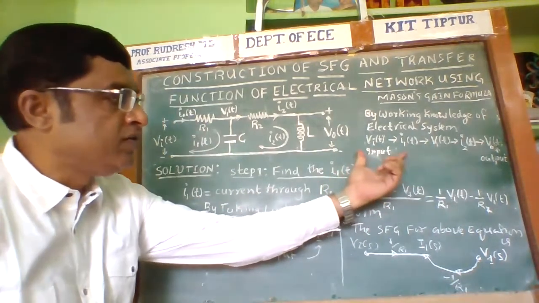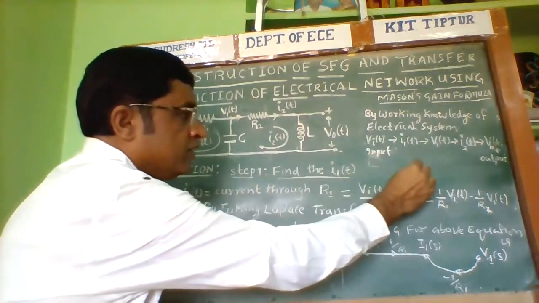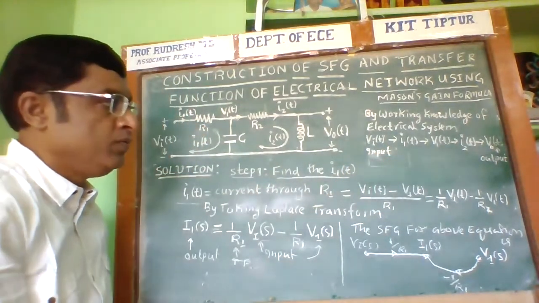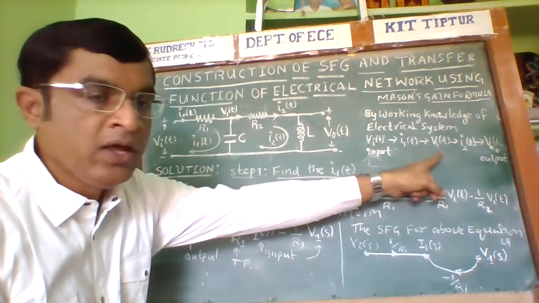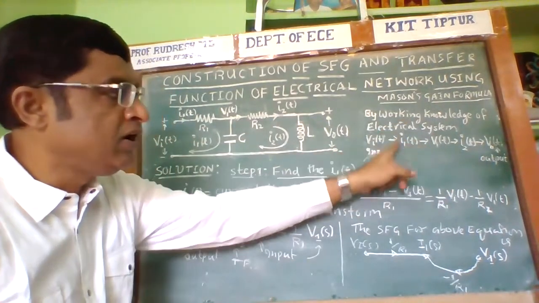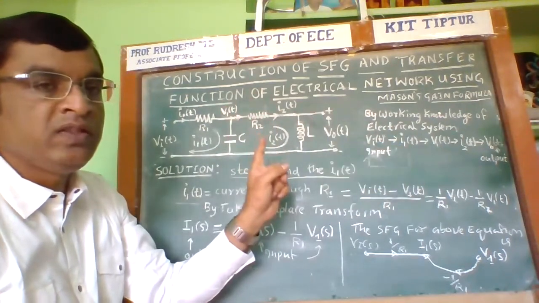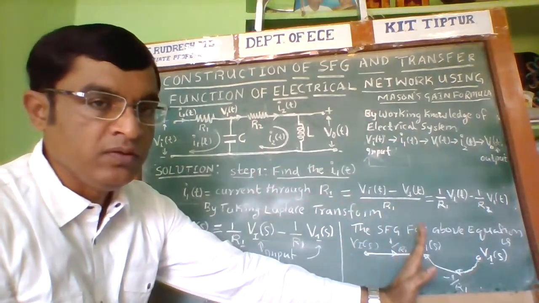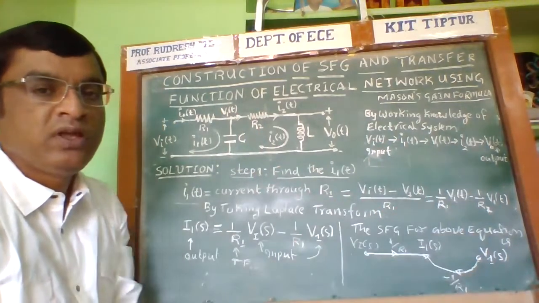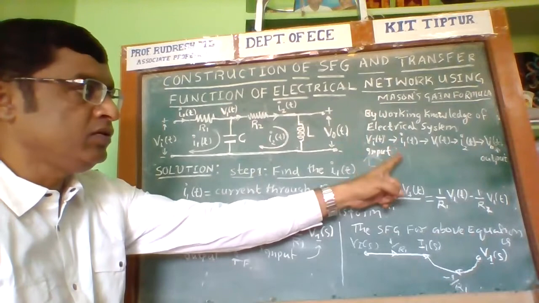This is the signal flow graph for this particular section. In the next section, I should calculate V1 of t by considering I1 of t as the input. The output of the current section goes to the input of the next section.